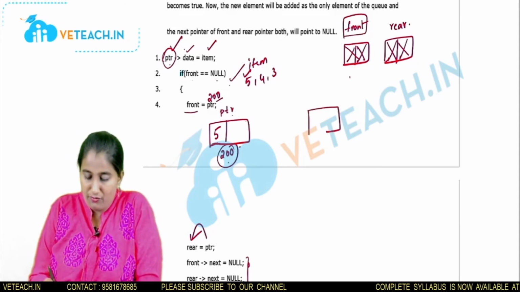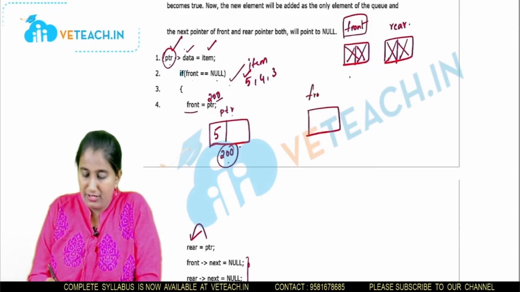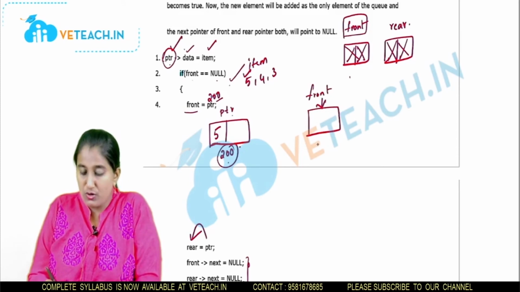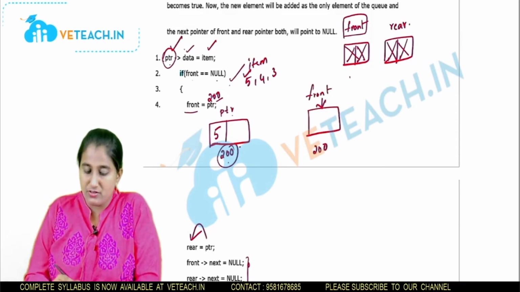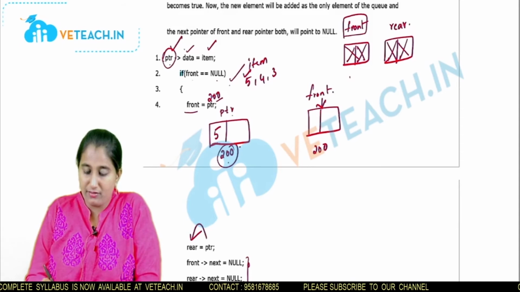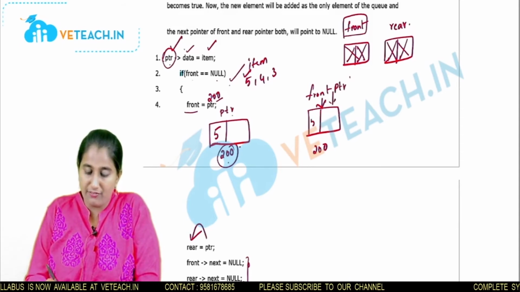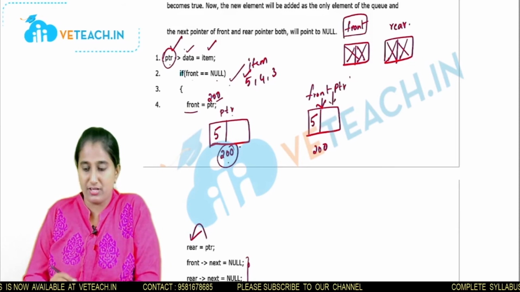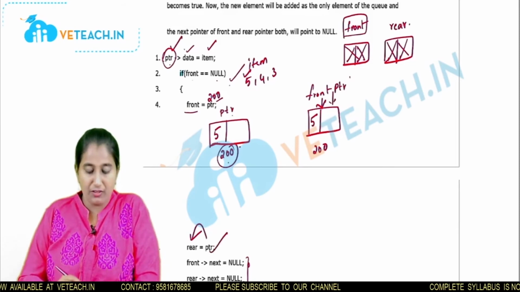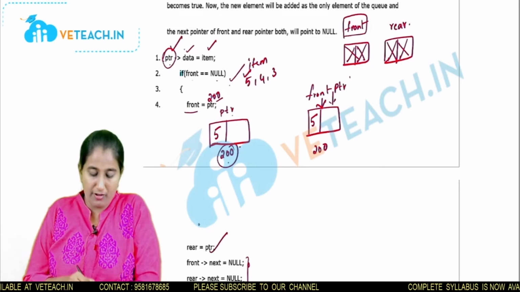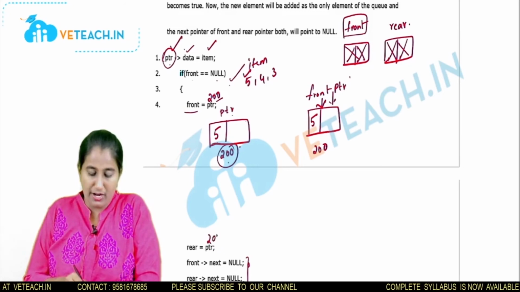So finally the front will point to the 200 location, which is where the pointer is pointing to. Here the element 5 has been updated. And similarly, rear equal to PTR. What is the PTR value? 200.